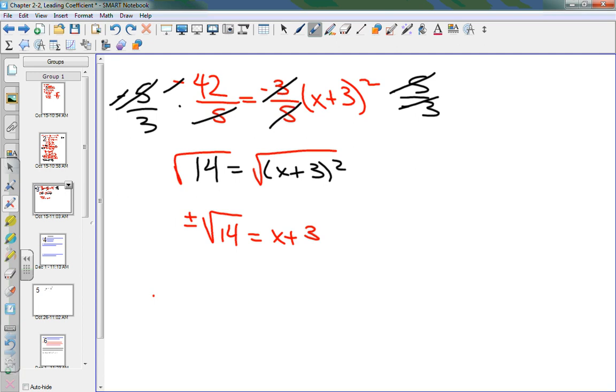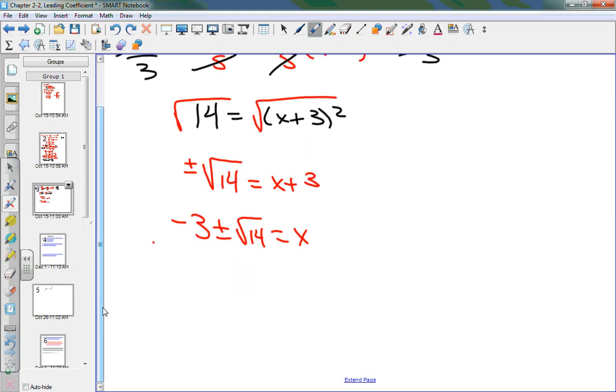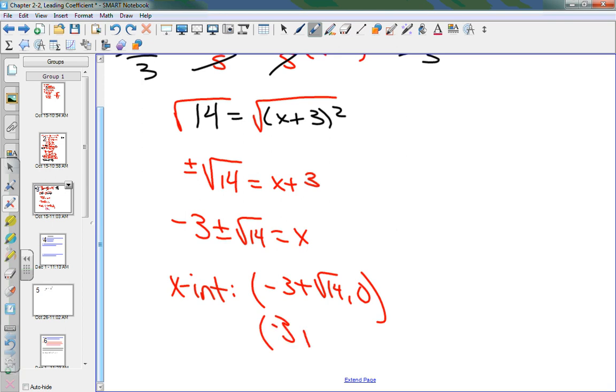X. So this is going to be negative 3 plus or minus the square root of 14 is equal to x. So now, letter C: my x-intercepts are going to be negative 3 plus the square root of 14, comma 0, and negative 3 minus the square root of 14, comma 0.